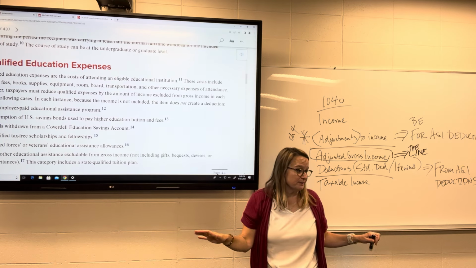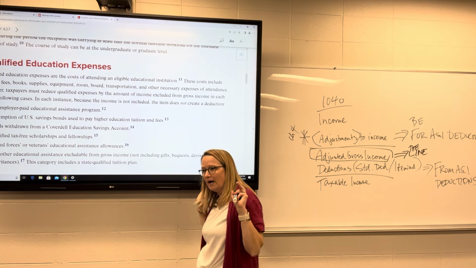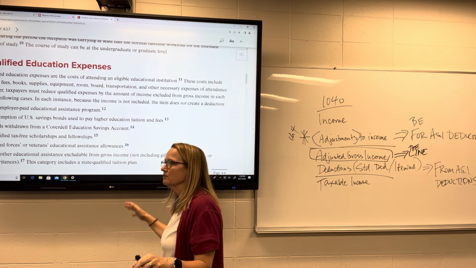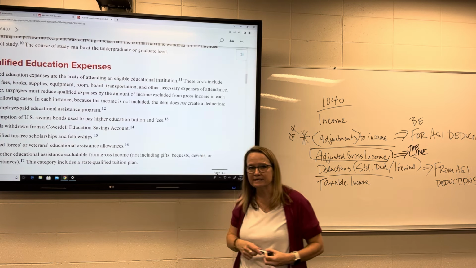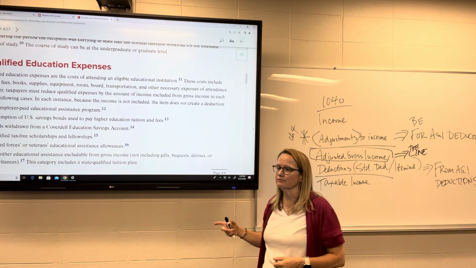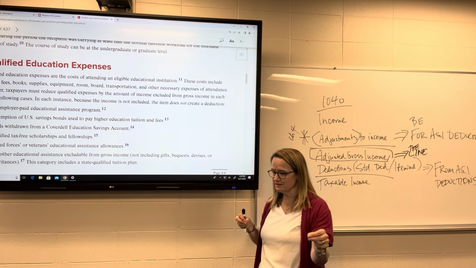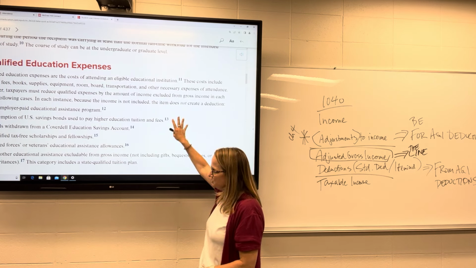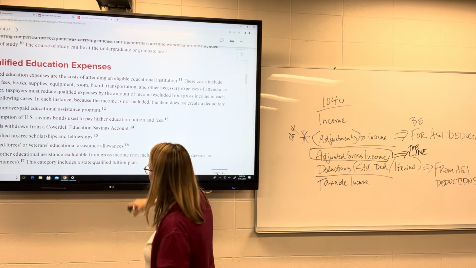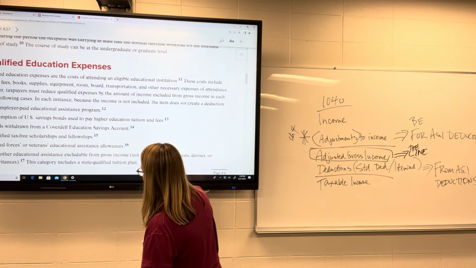IRS doesn't like double dipping, and off the top of my head, I don't know of any instances where you can double dip, meaning you get the same deduction in two places at the same time. But that's what all these rules are intended to discourage.